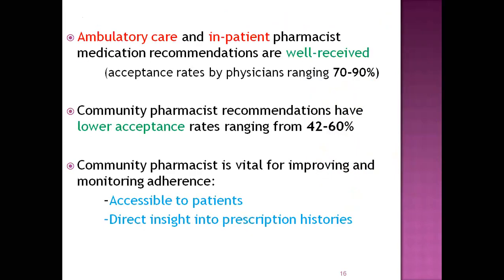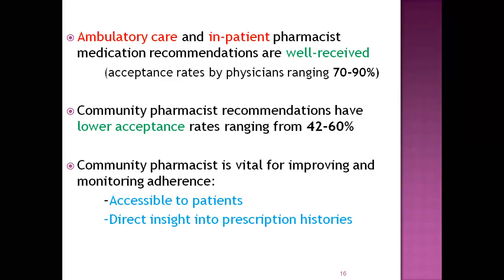Generally, for pharmacists in OPD as well as IPD patients, about 70 to 90% of medication recommendations are accepted through the pharmacist. That is almost a 90% acceptance rate by physicians for OPD as well as IPD patients.